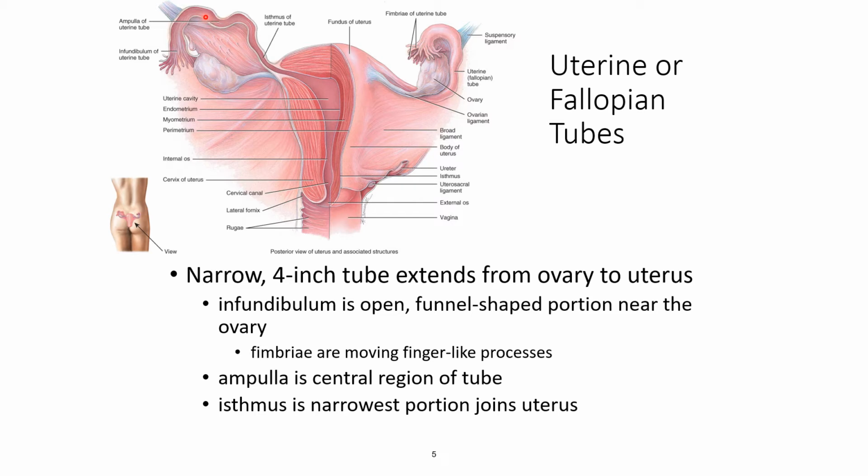Whether it's an unfertilized oocyte that will end up in the uterus, or the zygote and the early developing embryo, there's a constant movement from the beginning of the uterine tube all the way to the end, into the uterus. So the uterine tube, or fallopian tube, is tremendously important in moving the oocyte or the fertilized embryo into the uterus.